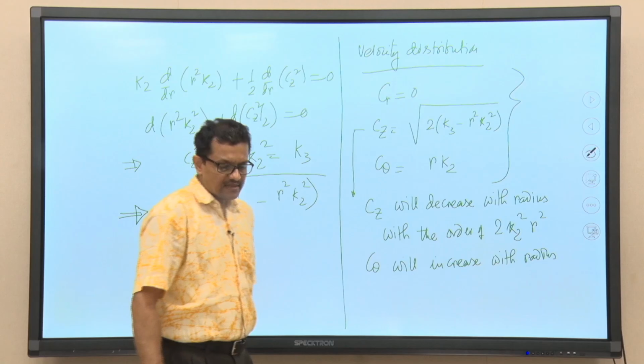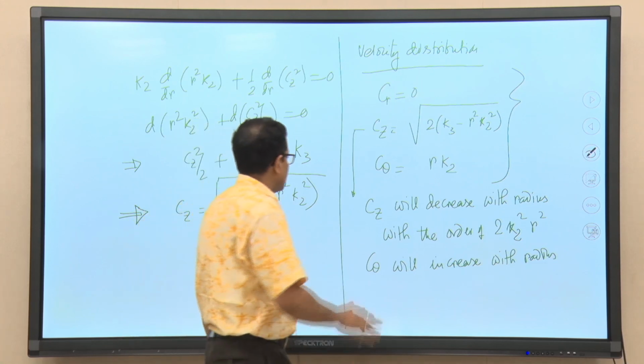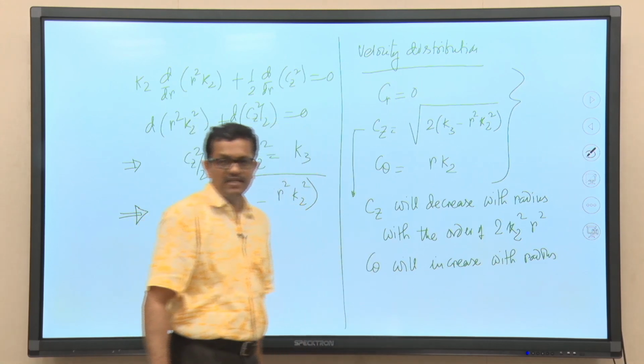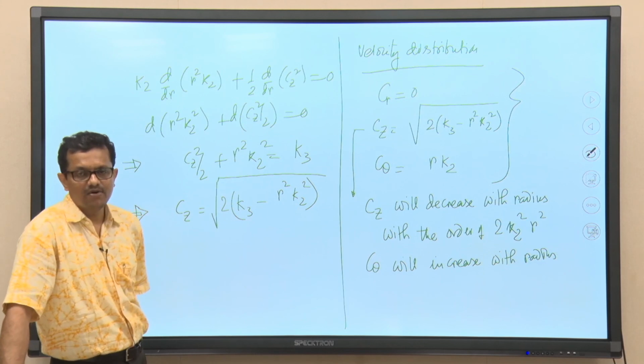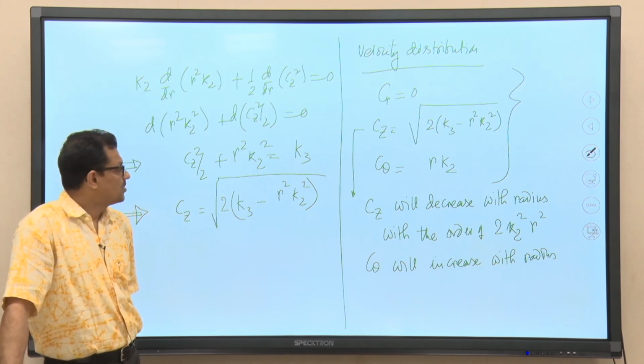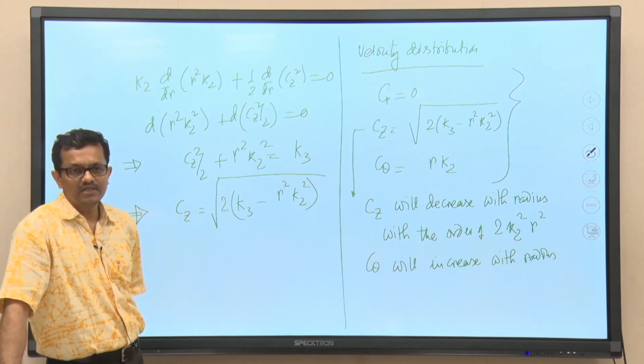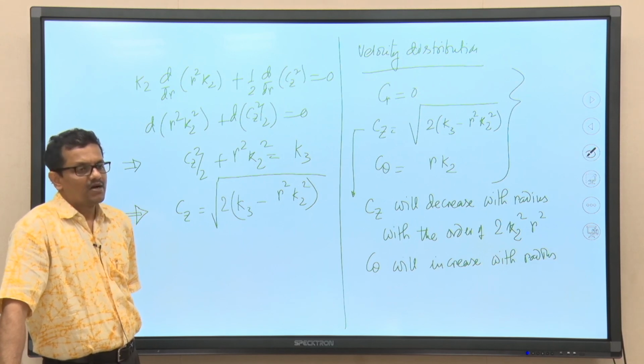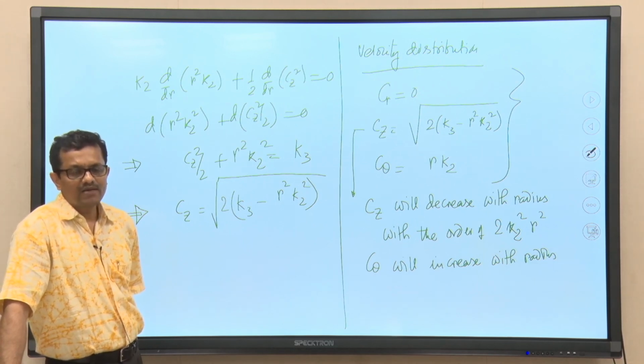As I said, we have seen C theta and C z for two different cases, free vortex flow and force vortex flow, and from the distribution of velocities we can calculate the flow coefficient.